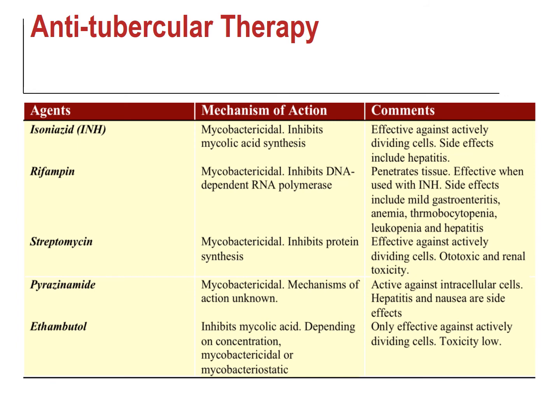In 1946, PAS, or para-aminosalicylic acid, was found to decrease this resistance when given with streptomycin. So in 1952, a regimen of INH, or isoniazid, PAS, and streptomycin given for 2 years resulted in clinical cure.